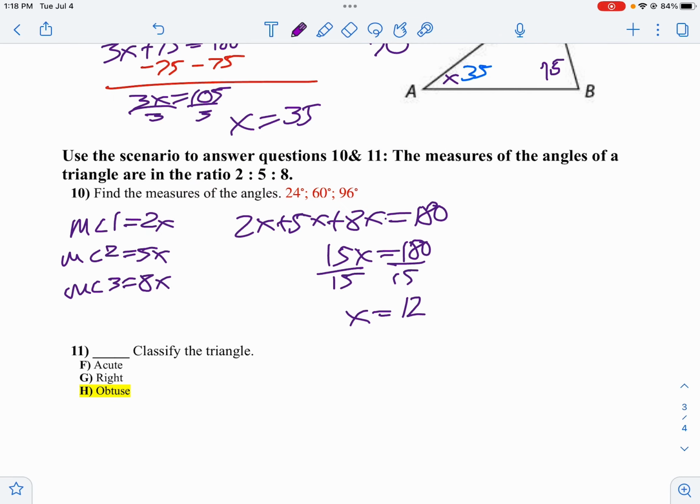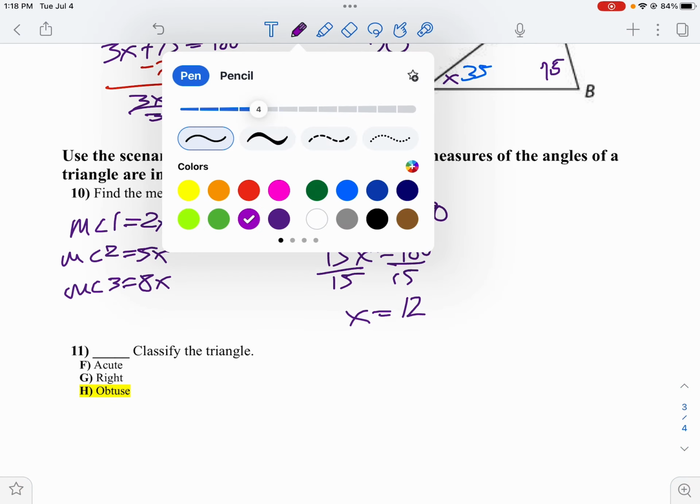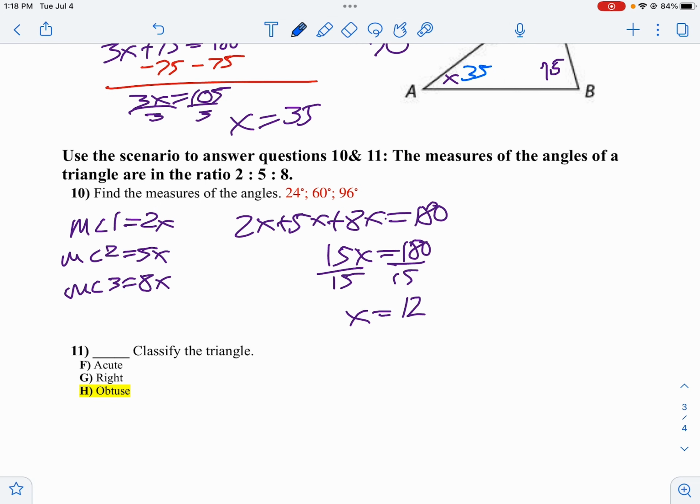That's x. So I've got to go back and find each one of these. 2 times 12 would be 24 degrees. 5 times 12 would be 60. 8 times 12 would be 96. There are our 3 angle measures, 24, 60, and 96. And since we have a 96 degree angle, that makes that triangle obtuse.